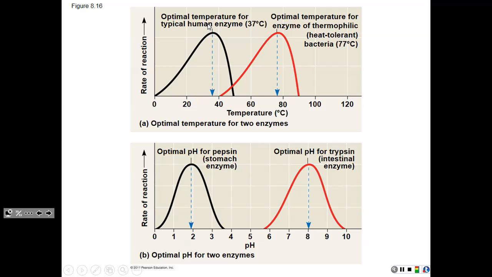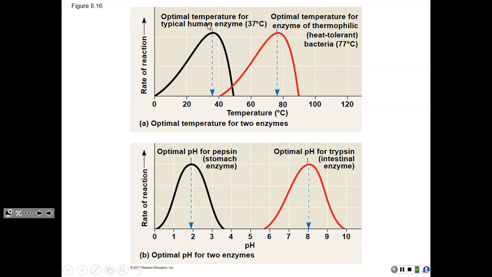Guess what? Over the course of evolution, those enzymes have evolved, they've been tinkered with, they've been tweaked, so that the combination of amino acids and the structures they have adopt just the right conformation at that 37-degree temperature.